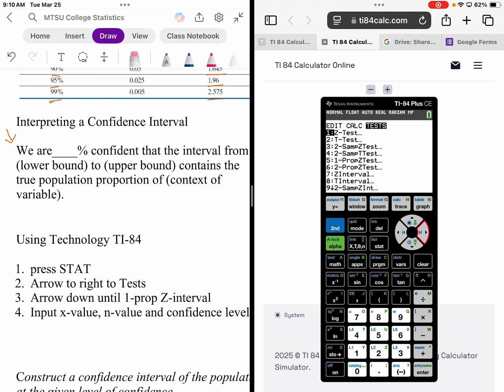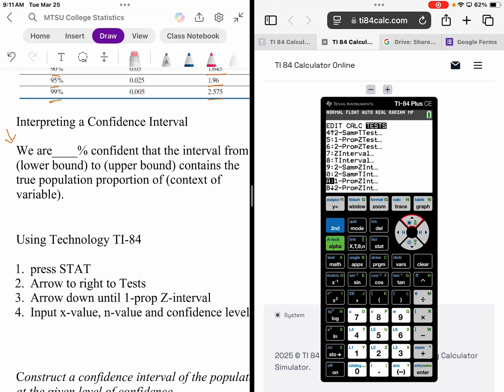Tomorrow we're going to be doing a hypothesis test, using option 5, a 1 prop Z test. For a 1 prop Z interval, it's actually on the next page. If I scroll down, there is my option A, 1 prop Z interval.